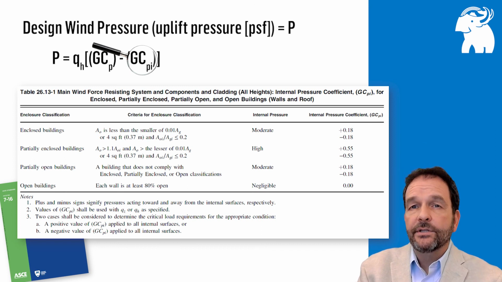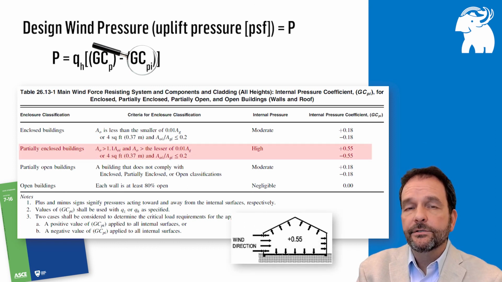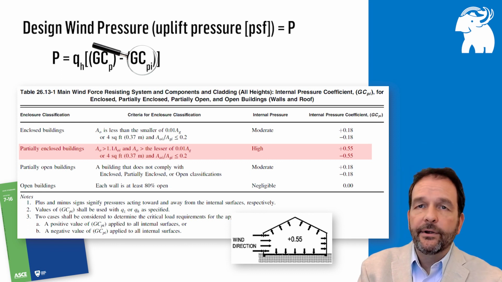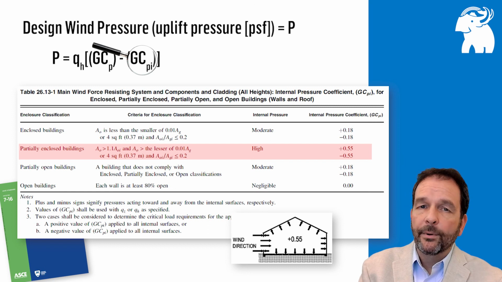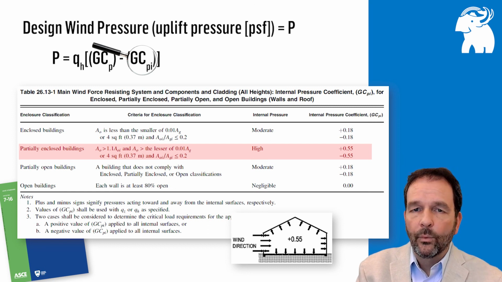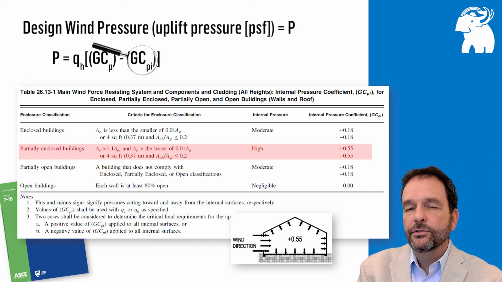Now, it's important to understand what a partially enclosed building is, and that is defined here in ASCE 7-16. That would be a building that has a dominant opening on one side where wind can get into the building enclosure and pressurize the building without having equalized pressure for the building.